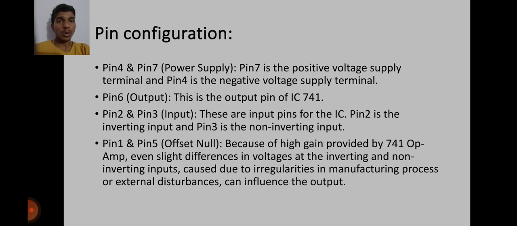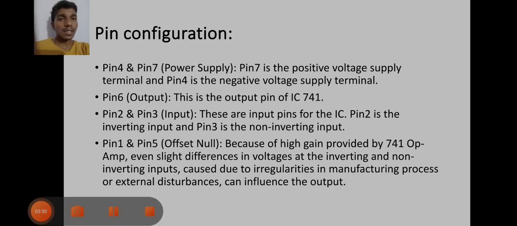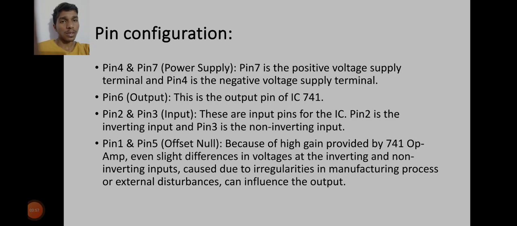In the pin configuration, pin 4 and pin 7 are power supply pins. Pin 7 is the positive voltage supply terminal and pin 4 is the negative voltage supply terminal, and pin 6 is the output terminal. This is the output pin of the IC741. Pin 2 and pin 3 are the input pins of the integrated circuit.